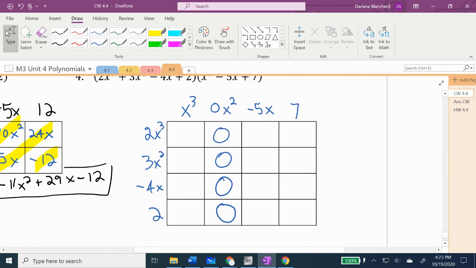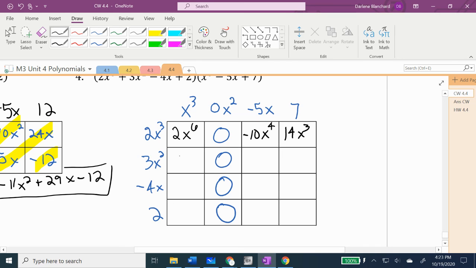So now I'm going to multiply. 2x cubed and x cubed is 2x to the 3 plus 3. Here I have negative 5 times positive 2, and then x to the 3 plus 1. 7 times 2 gives me 14, and then multiplied by the x cubed over here. For row 2, I'm multiplying a 3x squared through.